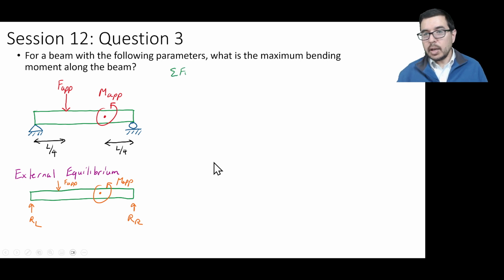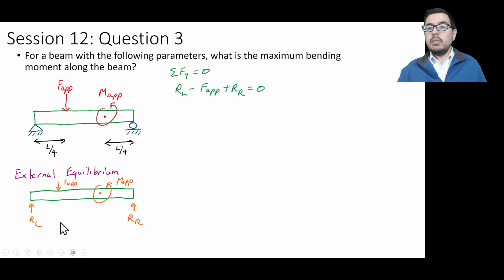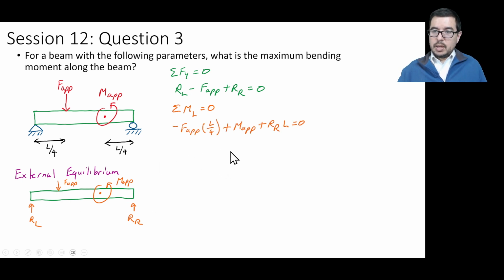We'll start off by looking at the forces in the vertical direction and setting them equal to 0. When we do that, we have RL, FAP, and RR. Of course, MAP is not contributing force. Then we sum the moments and set them equal to 0 at the left end. We see a minus value from the FAP L over 4, going into the board, essentially saying positive is coming out of the board.